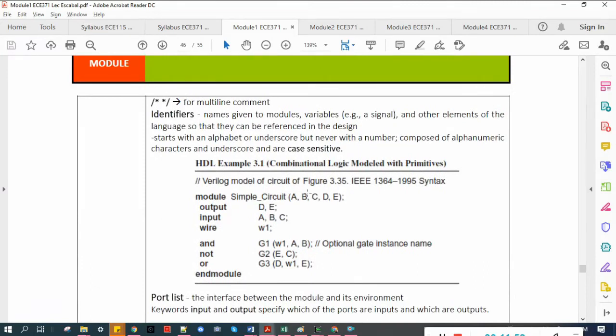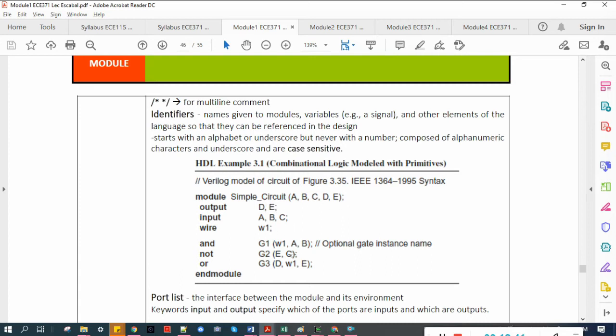So we declare all our inputs and outputs inside this parenthesis. We have here our keywords, module and endmodule, to denote that this is a circuit. Our circuit is named simple_circuit, with ports A, B, C, D, E. Then we have another keyword, output, and we declare D, E as outputs.